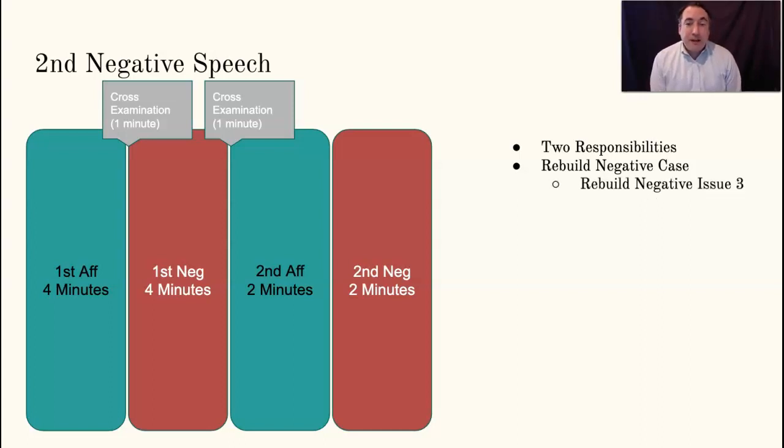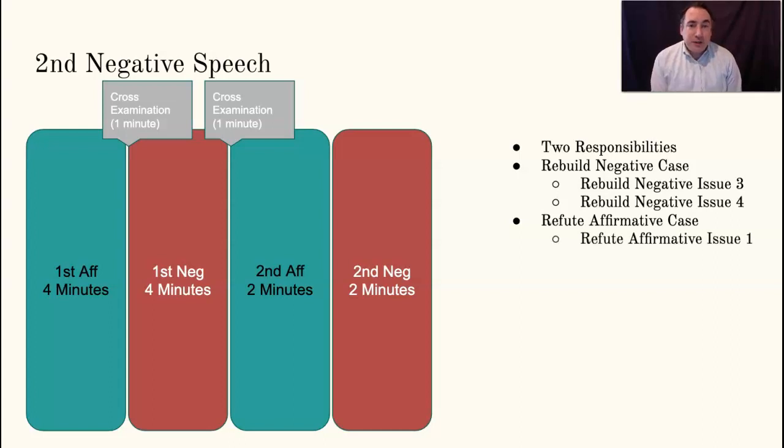So you're going to start by rebuilding negative issue 3. Why is negative issue 3 still correct despite what the affirmative debater just said? Rebuild negative issue 4. Why is that issue still correct despite what the affirmative debater said? And now here's your last chance to once again refute the affirmative case. So refute affirmative issue 1, refute affirmative issue 2.